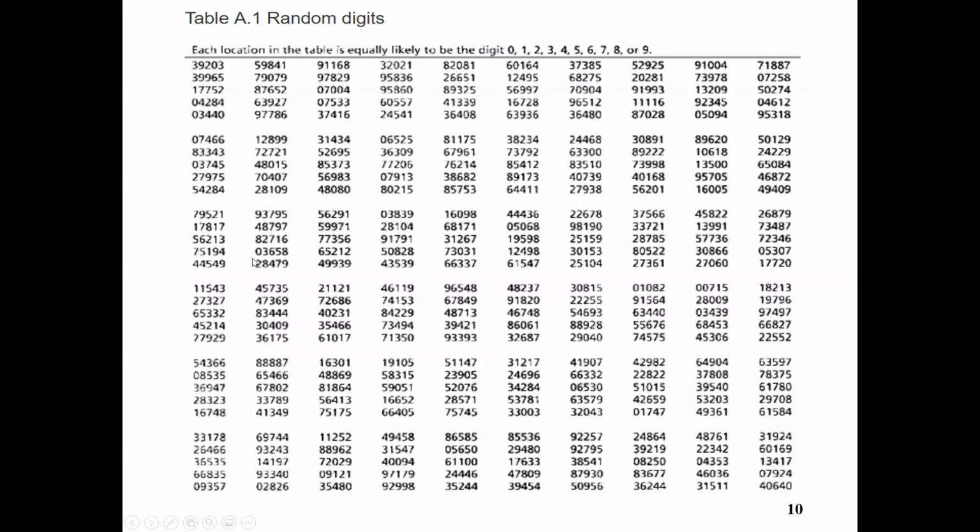This is the table for random numbers. Each location in the table is equally likely to be the digit 0 to 9. So we have a lot of figures here, right? Each one of them was randomly produced by a computer.